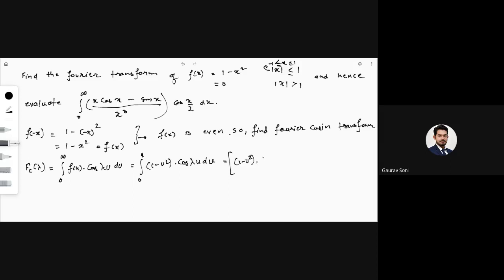Integration of cos lambda u is sin lambda u by lambda, minus derivative of 1 minus u square, which is minus 2u, times integration of sin lambda u, which is minus cos lambda u upon lambda square. Next is plus derivative of minus 2u, which is minus 2, times integration of minus cos lambda u, which is minus sin lambda u upon lambda cube.